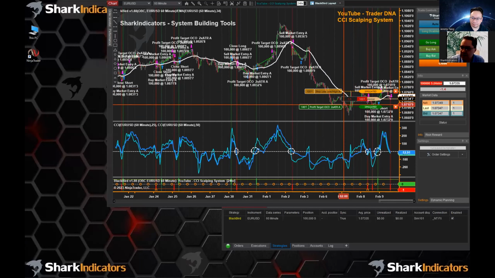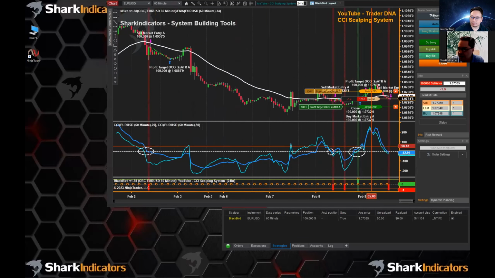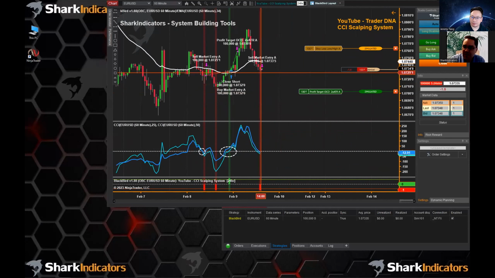You might notice that sometimes, if your backtest doesn't finish with the most recent trade, you'll see these historical or simulated orders here. So these aren't real orders. These are simulated so that it can finish the backtest. Because look, it just took a short, didn't it?